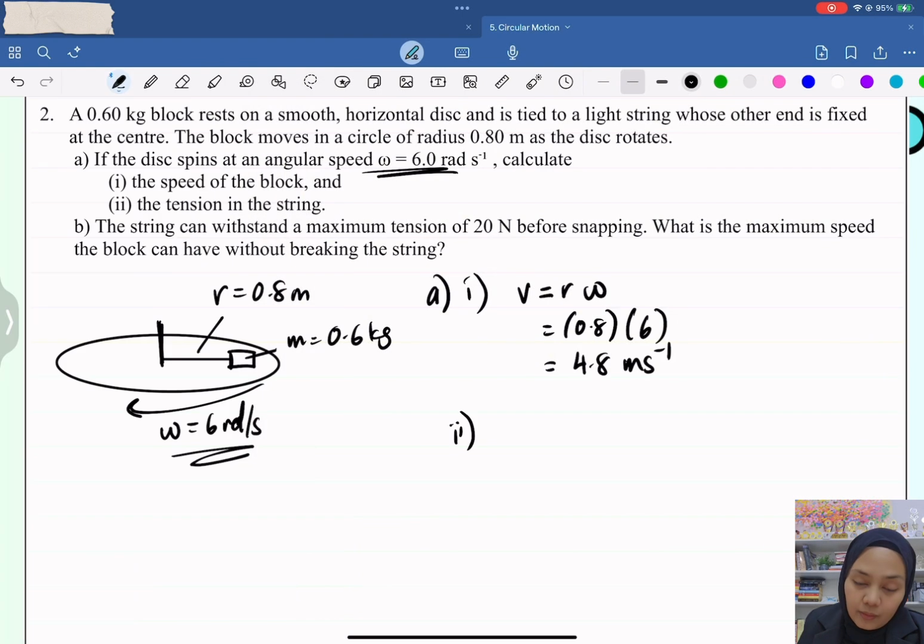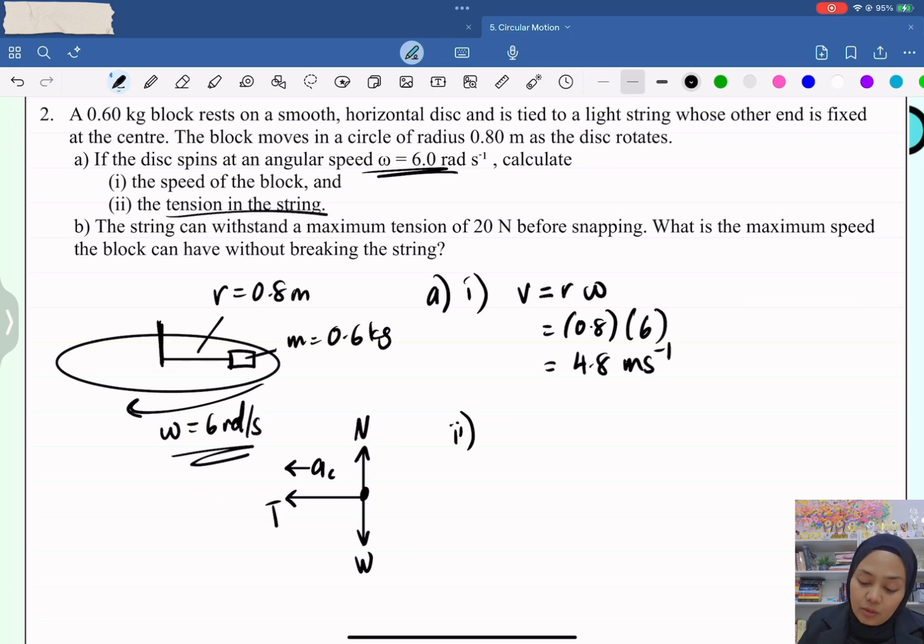For question number 2, we have to find the tension of the string. Because this is not the typical circular motion on a flat surface where you depend on friction, this time we depend on the tension. For that, we need to draw the free body diagram for this block. We have weight, we have normal, and obviously we have tension, and the centripetal acceleration is in the same direction as the tension.